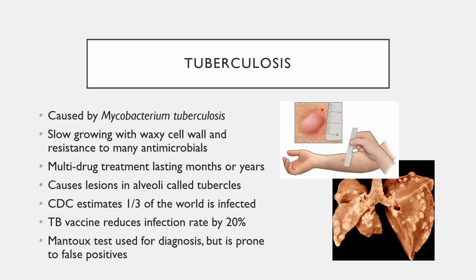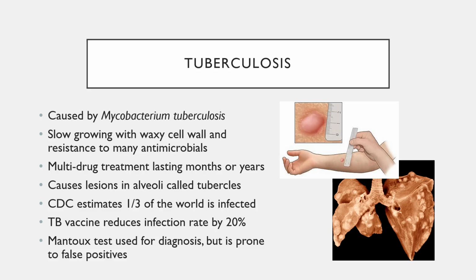The weakness of this test, however, is that it often produces false positives. For example, if a person has received the TB vaccine, or if they have previously contracted TB and then they've recovered from it, they will also likely produce a positive result in the MAN2 test.